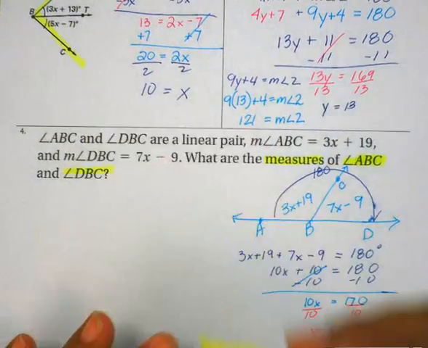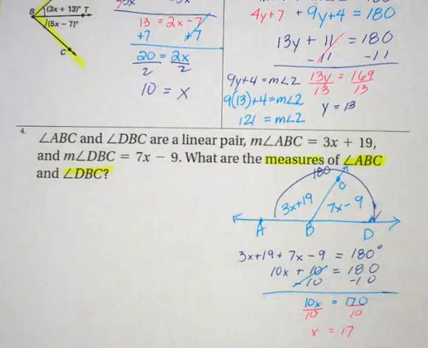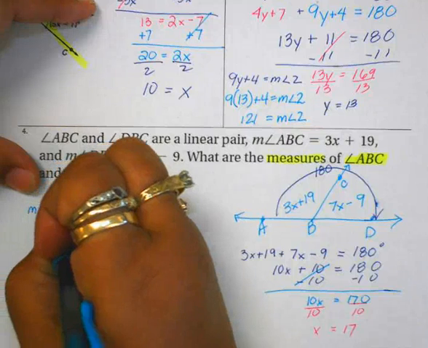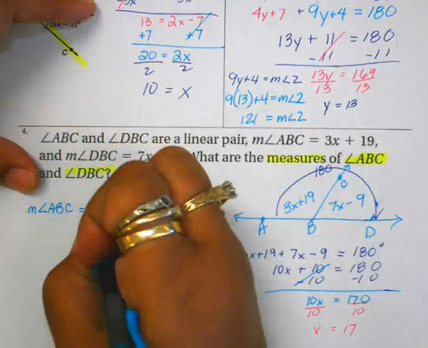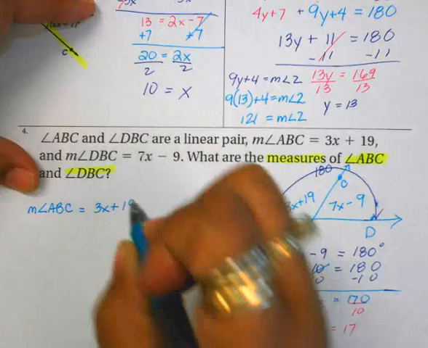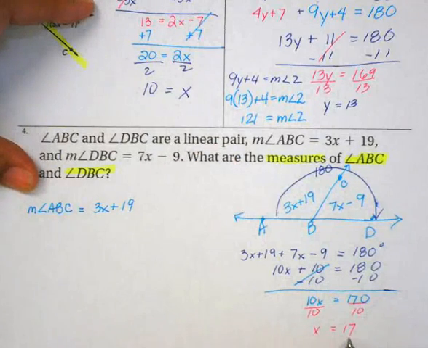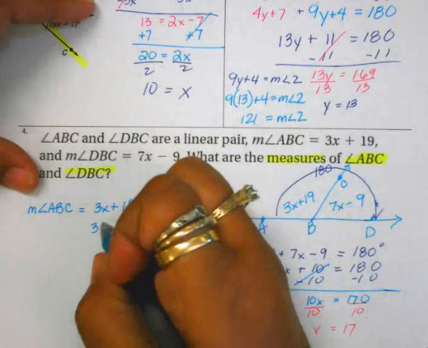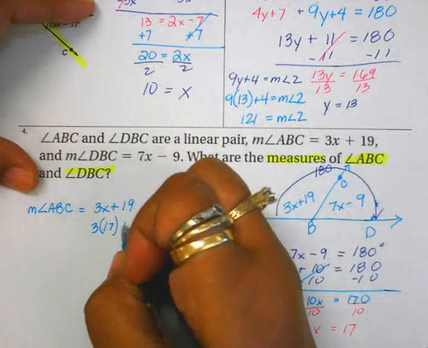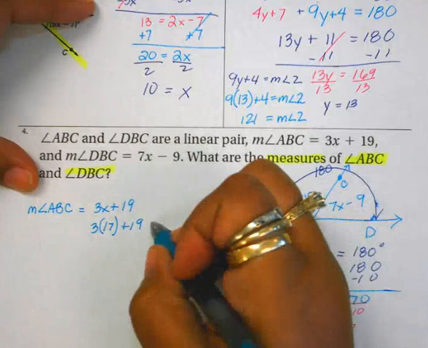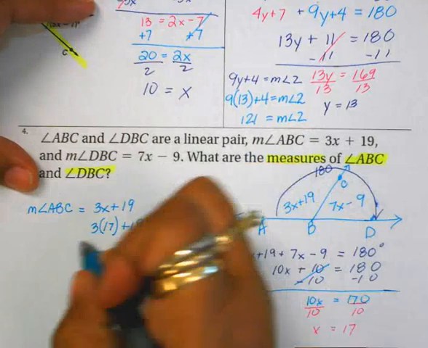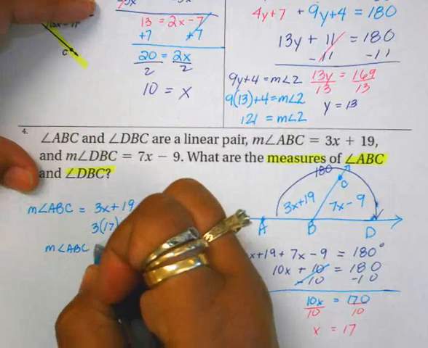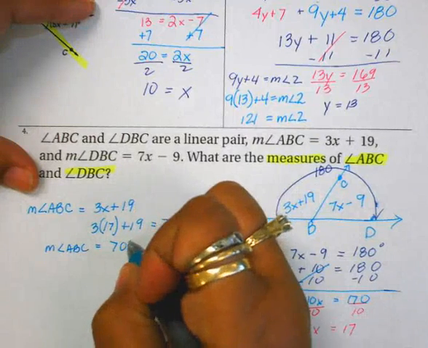But we're not done, because the question asked us to give the measures of ABC and DBC. So we need to take those expressions. The measure of angle ABC is 3x plus 19. So we need to substitute that 17 in where the x is, 3 times 17, and add 19, which equals 70. So the measure of angle ABC is 70 degrees.